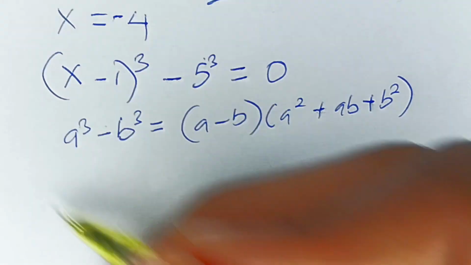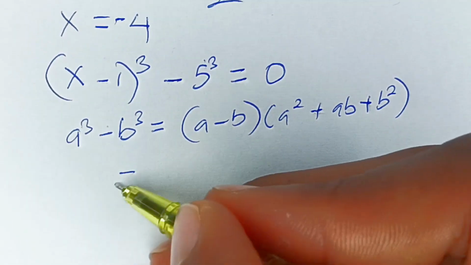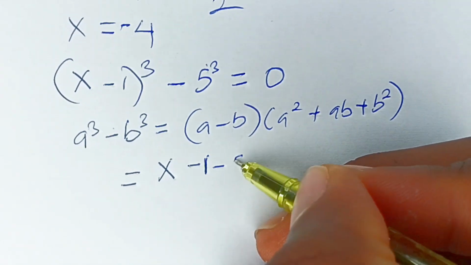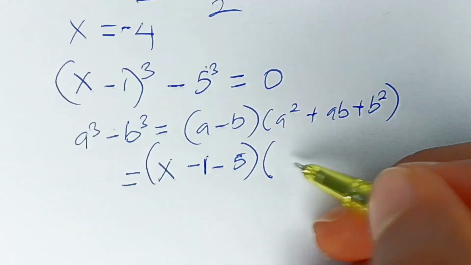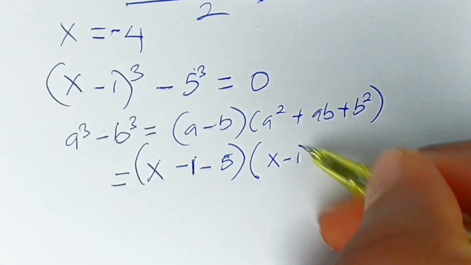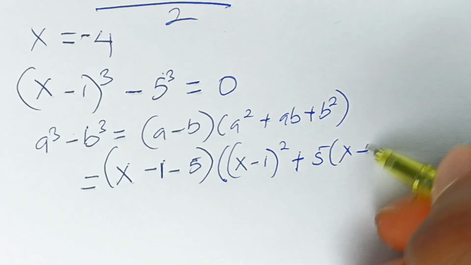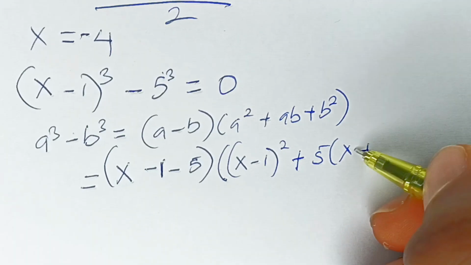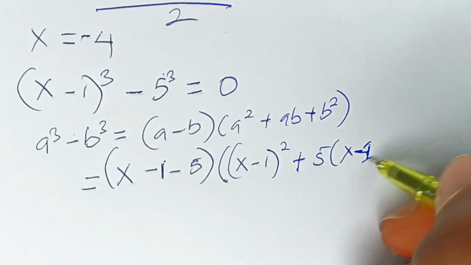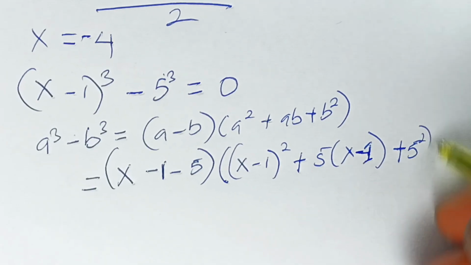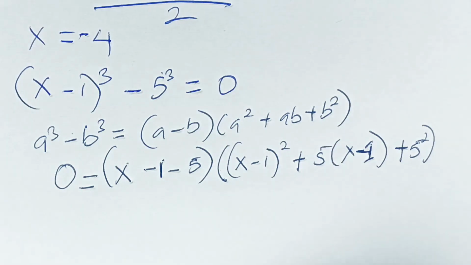Applying this law here, we are going to have (x − 1 − 5) multiplied by ((x − 1)^2 + 5(x − 1) + 5^2) = 0.